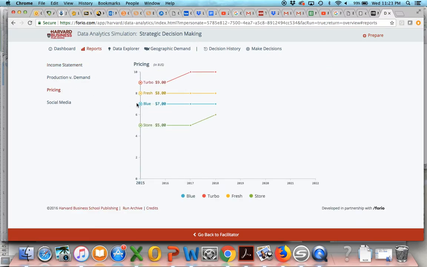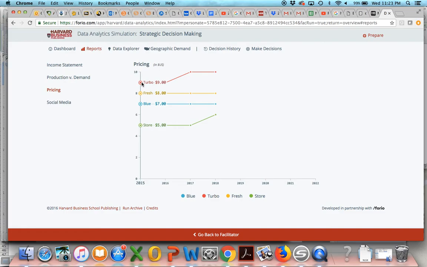Okay, yeah. So the actual price point, we're talking about what the end user, your customer, buys it for. What's the price that you see in the grocery store on the shelf? So you can see Blue at the start of this is sold for $7, or whatever it is, a box or bottle. Turbo is more, the store brand is less.